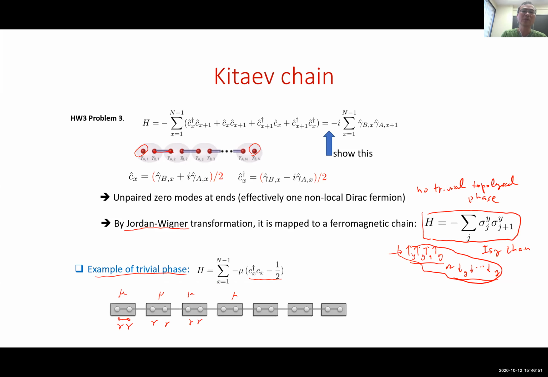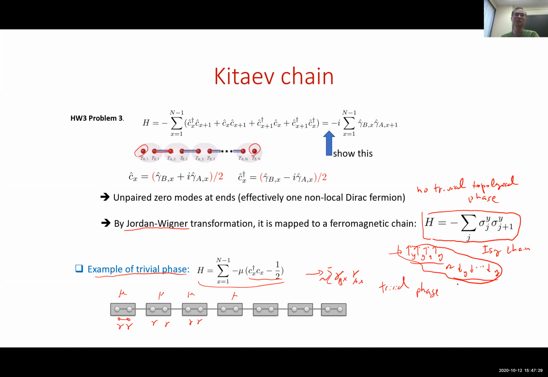In contrast, in the case above, the pairing or the entanglement is between the gammas on different sites, and they are linked together. For example, you can see in this Hamiltonian. But when you see this trivial phase, this will be gamma b at x and gamma a at x. Okay, it will be proportional to this. So this is a trivial phase.